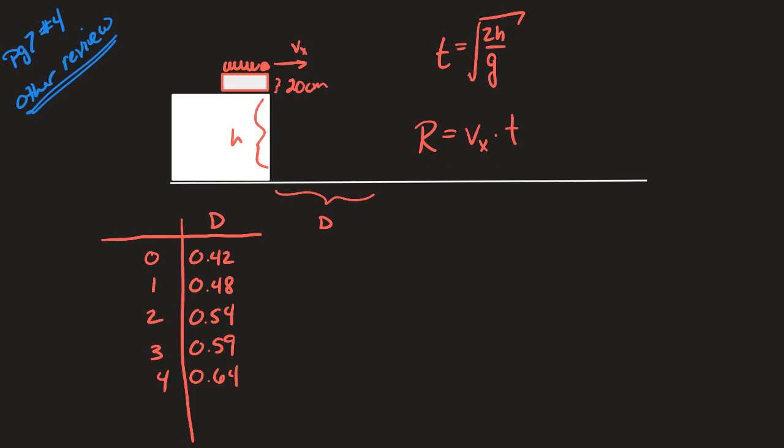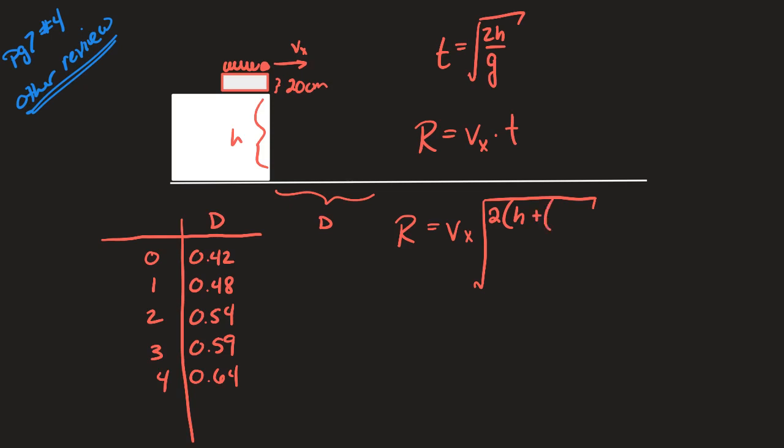It's going to take a little bit because the range equals vx times the square root of, and I'm going to change just a little bit because h is actually h plus the number of bricks times 0.2. So I need to write this a little bit nicer.